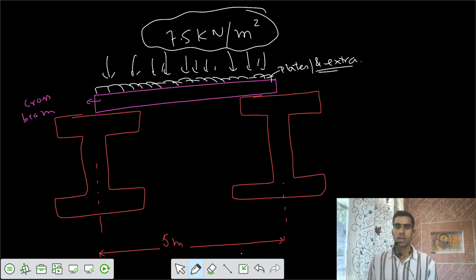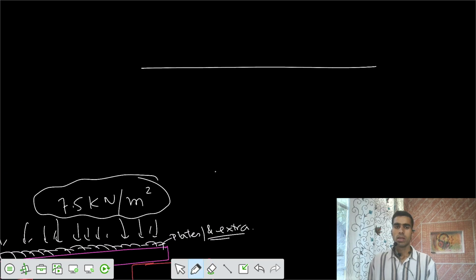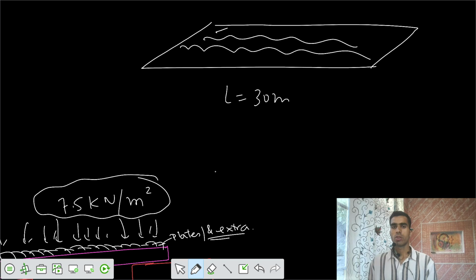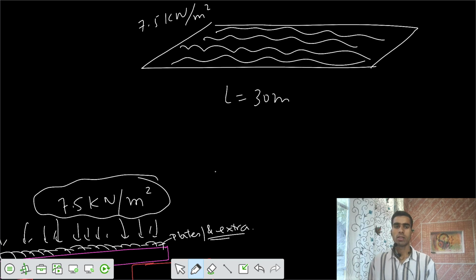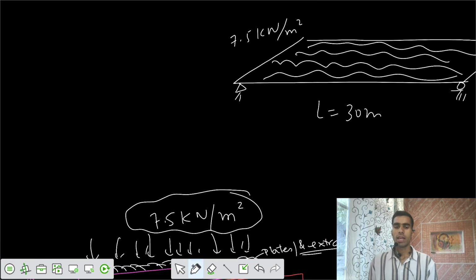So if the loading is in this fashion, this is your L equals 30 meters, and we are having intensity in terms of area, so kilonewton per meter square. So intensity is 7.5 kilonewton per meter square for the length of 30 meters. If I convert it in terms of line load, we convert that meter square in terms of per meter.